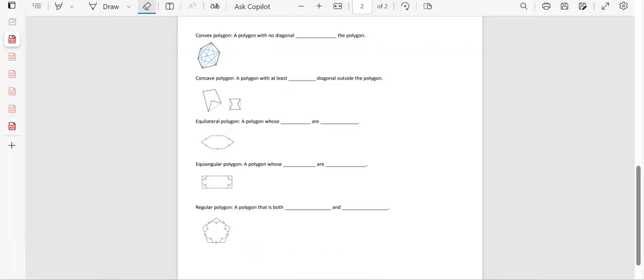An equilateral polygon is a polygon whose sides are congruent. When we look at special types of quadrilaterals, we will notice that we have 2 types of equilateral quadrilaterals, squares and rhombi. And then we have 1 type of equilateral triangle, an equilateral triangle.